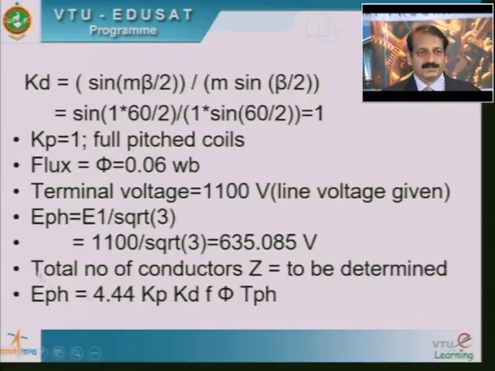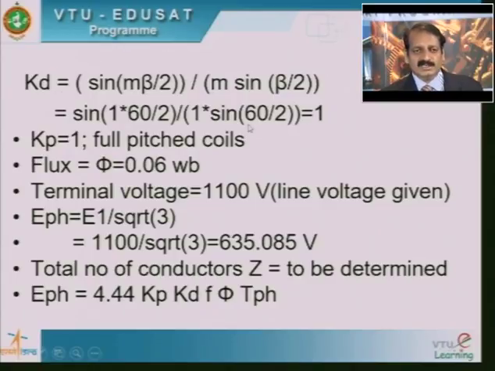Now, we are ready to calculate the distribution factor. Distribution factor Kd is given as sin(m beta/2) divided by m sin(beta/2). We know that m is equal to 1 and beta is the slot angle, which is 60, substituted here. So, we will get a distribution factor equal to 1.